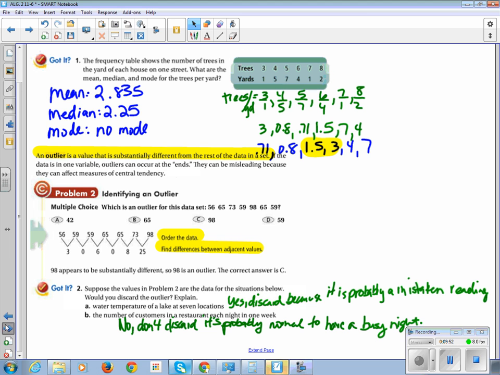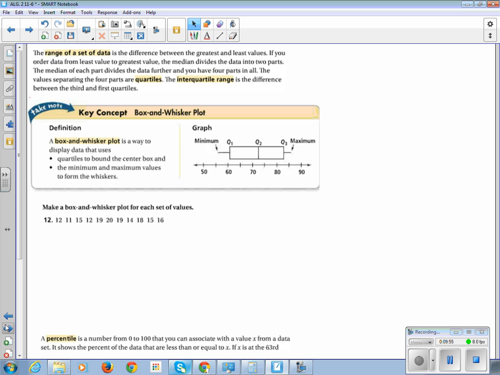All right. So we're going to talk about range, quartiles and interquartile ranges. So the range of a data set is the difference between the greatest and the least values. If you order the data from least to greatest, the median divides the data into two parts.